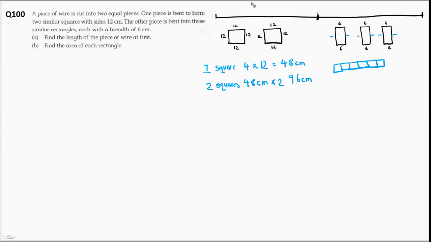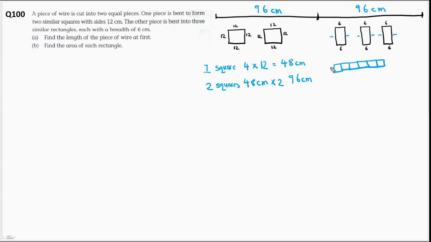So what do we know? Well, we now know that this half of wire is 96 centimeters. And if this half is 96, then this half is also 96 centimeters. So how can we figure out what's missing? Well, we can split this 96 centimeters into 6 lengths and 6 breadths.